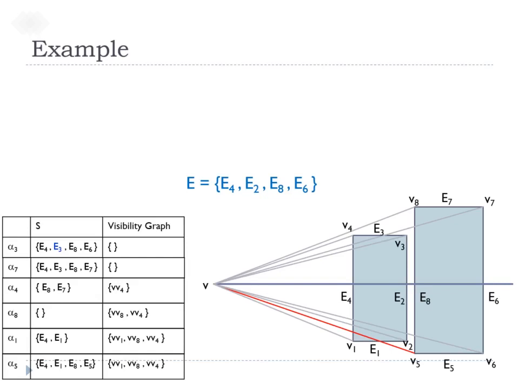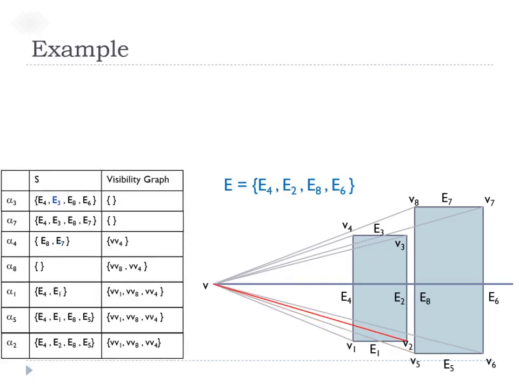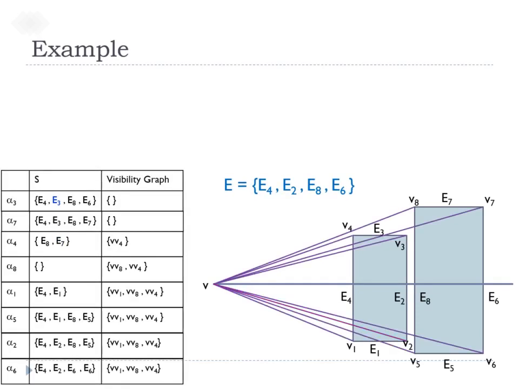Similarly, we process V5, V2 and V6. Finally, the visibility graph from V contains these three edges VV1, VV8 and VV4.